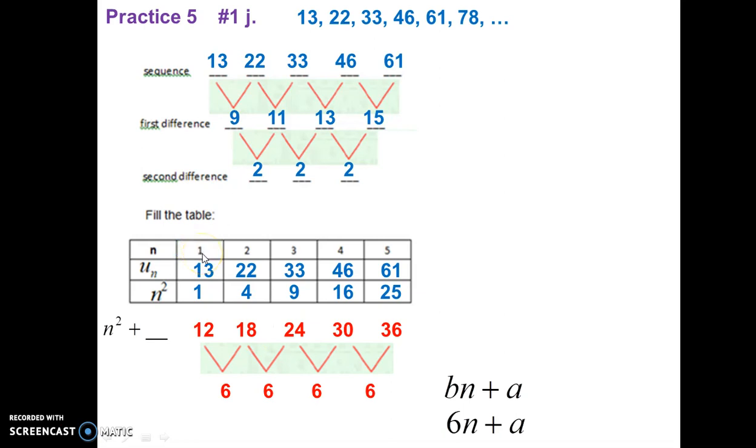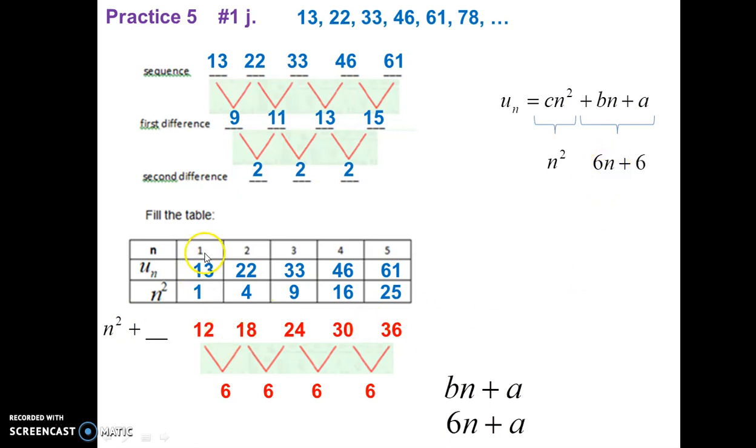6 times 1 is 6, but we need it to be 12, so we need plus 6. 6 times 2 is 12, but we need it to be 18. Oh, 12 plus 6. So we added 6 both times. How about 6 times 3? 18, plus 6. All right. So in our rule, we have the n squared part, then the 6n part, but 6n was not enough.